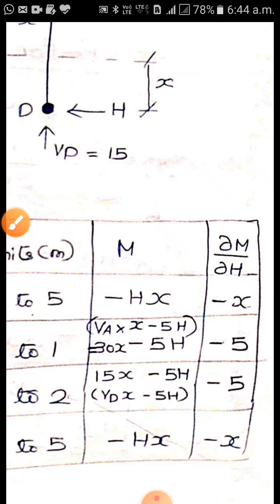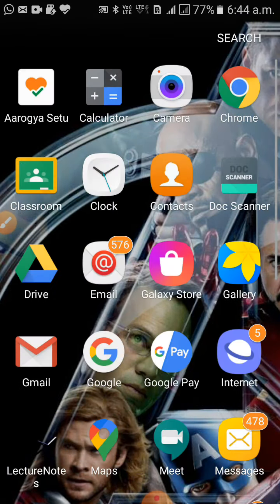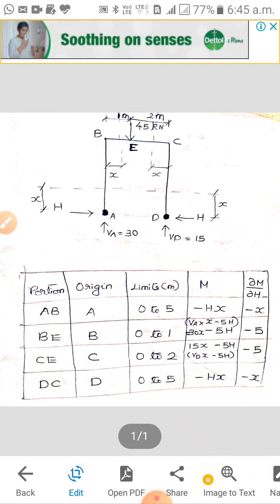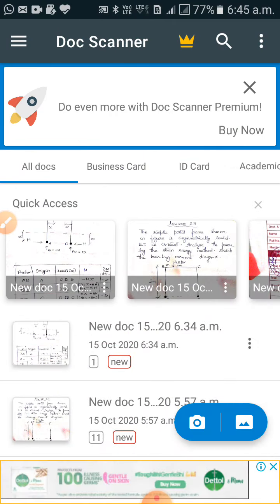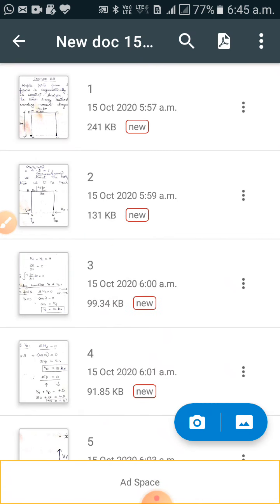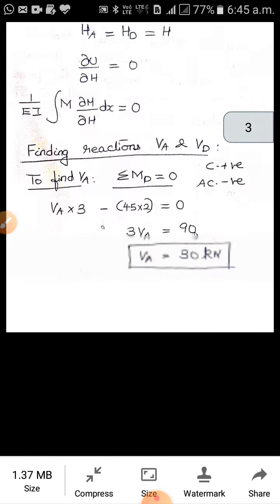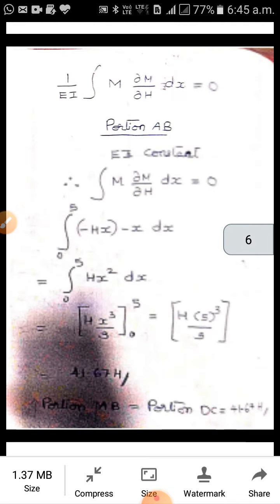Got this table, right? After we have the table, you know what to do?